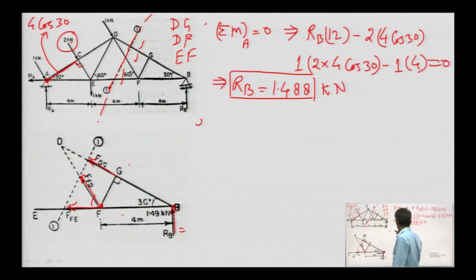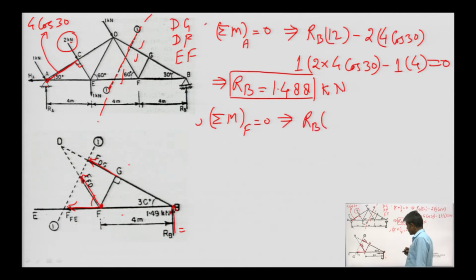So, apply the equilibrium equation in this part, sigma M about F equal to 0. We will get RB into the perpendicular distance 4, plus sign for the anticlockwise direction.